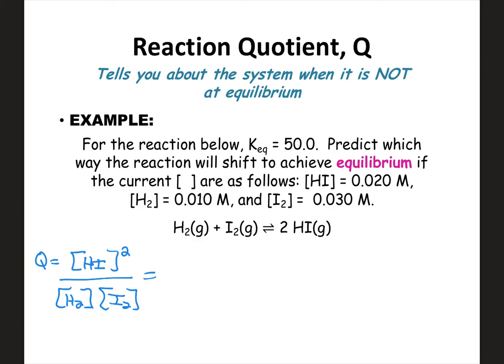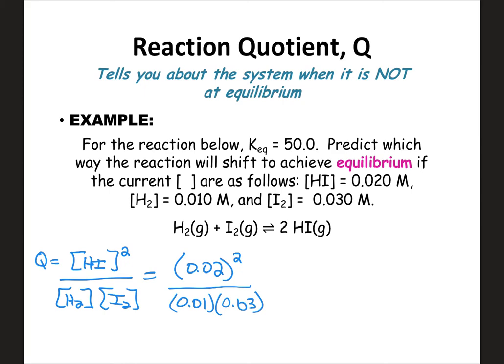So when I plug them in, I have 0.02 for the concentration of the HI, and that's going to be squared, all over the concentration of the H2, which is 0.01, times the concentration of the I2, which is 0.03.